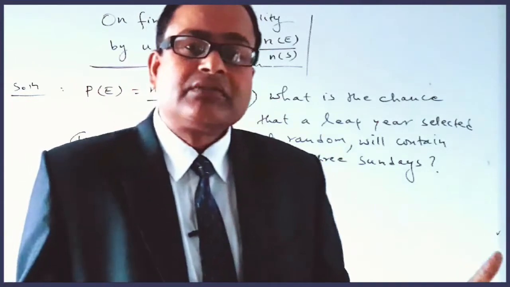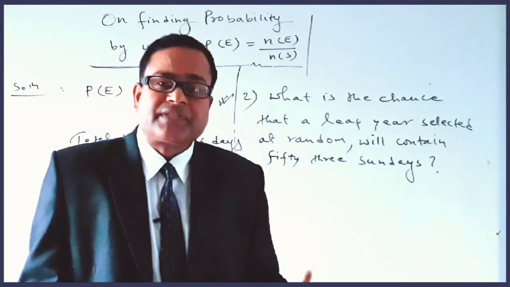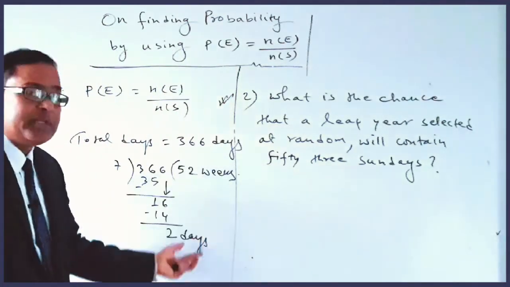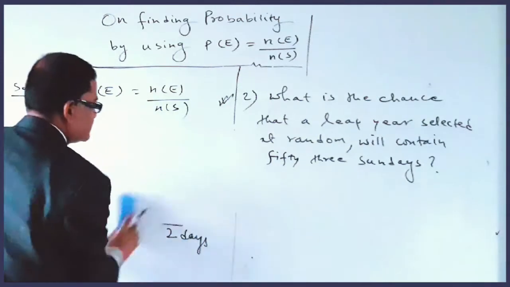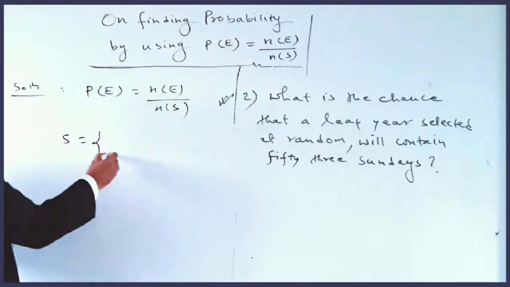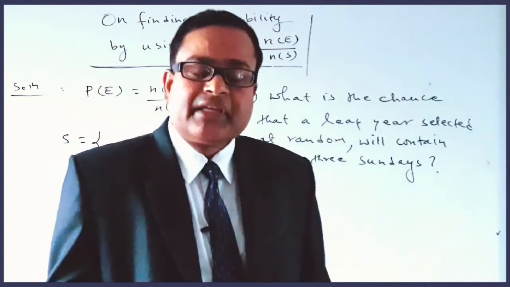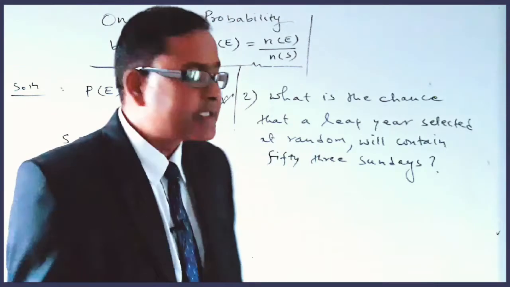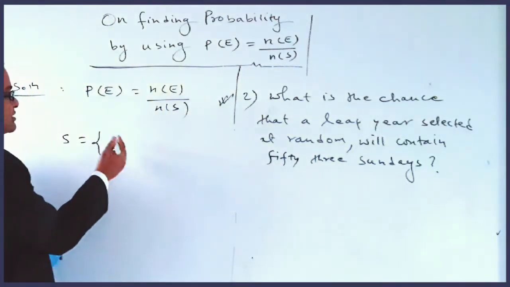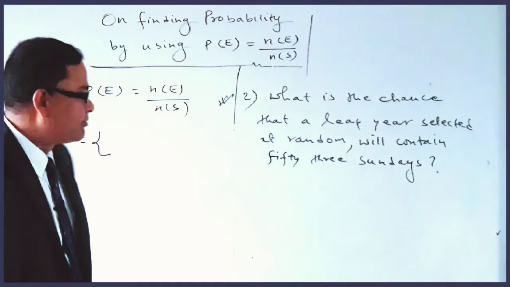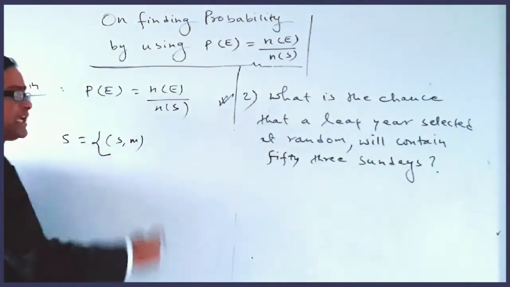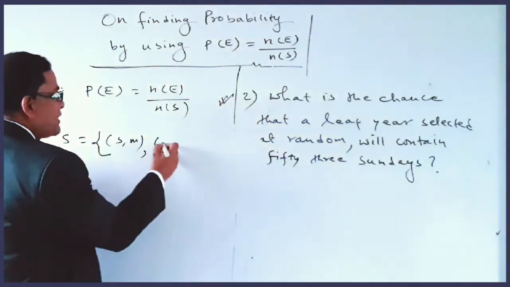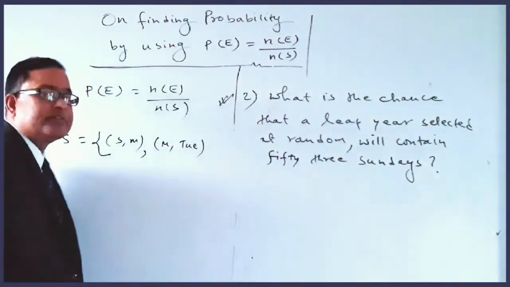So let us now write down all the possible 2 days of the leap year. So the sample space will be the combination of 2 days. The remaining 2 days of a leap year may be Sunday and Monday, or it can be Monday and Tuesday.